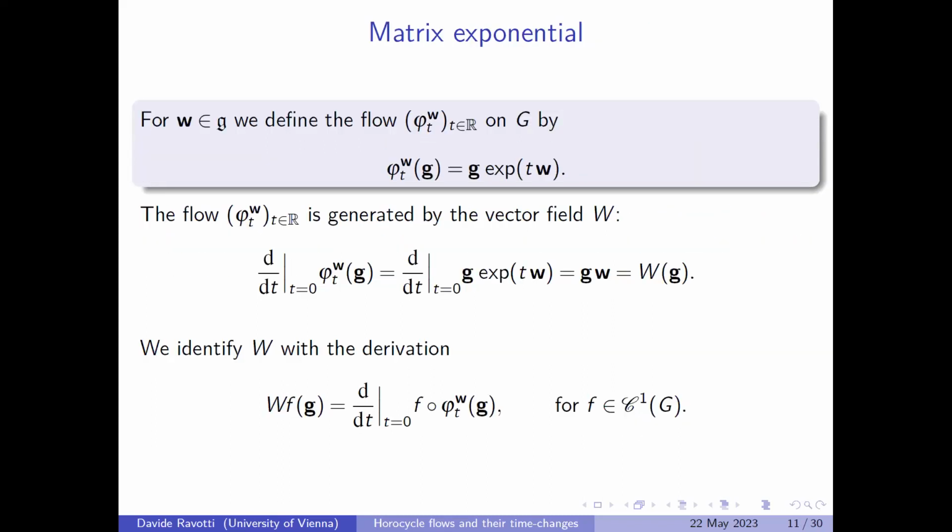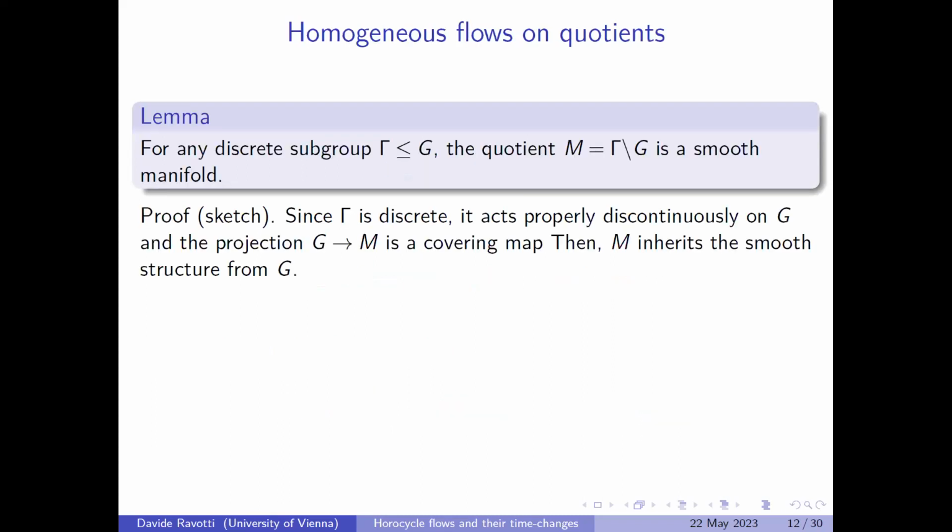Okay, so these are my flows. These are the homogeneous flows, the flows I want to study. But it turns out that this space is too large. So we want to go to some smaller space. In particular, I want to go to quotients of the group G to make the space smaller. So what do we do?